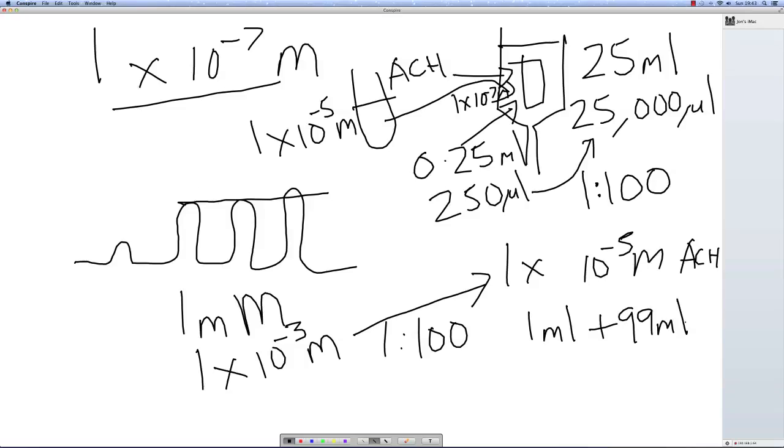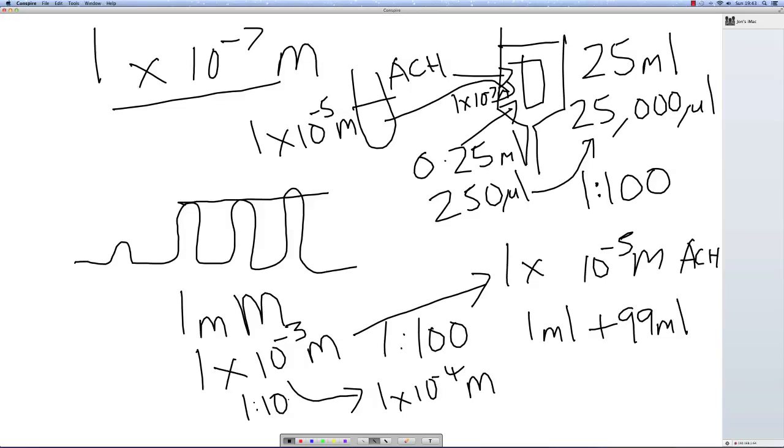But that is incredibly wasteful when you consider that you only need 250 microliters at a time of it. So we would rather you didn't make up 100 mils of the stocks. So how are you going to do it instead? Well, what you can do is make 1 times 10 to the minus 4 molar first. 1 times 10 to the minus 3 to 1 times 10 to the minus 4 is what dilution?